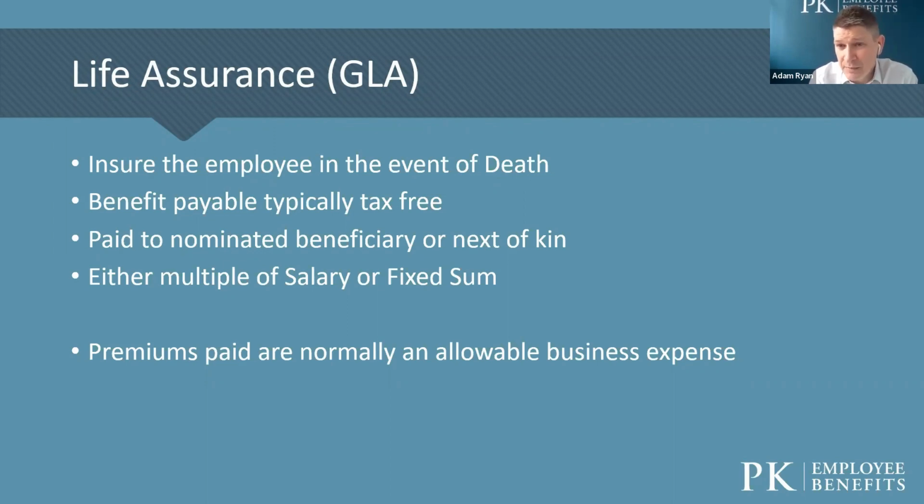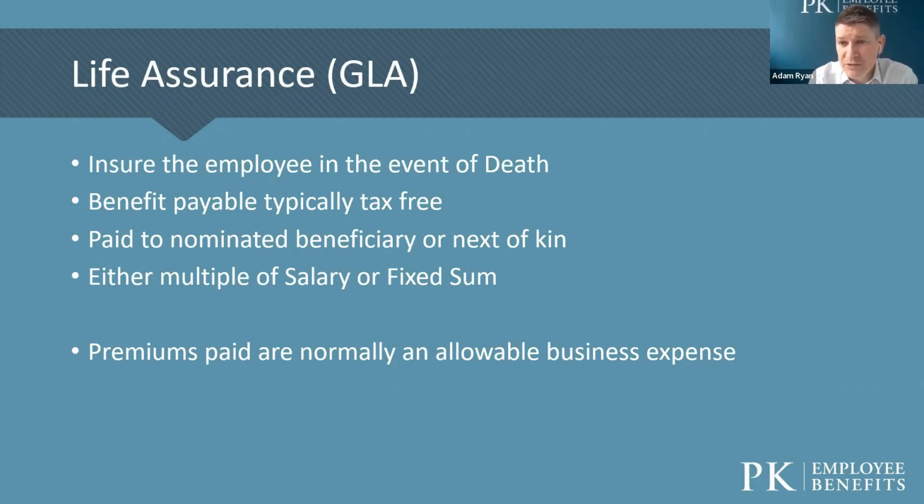A good benefits package can go a long way to improve staff morale, and group life assurance is a cornerstone of that. As it sounds, life assurance is ensuring the individual employees in the event of their death. Typically, it's based on a multiple of their salary, and in the UK, the standard is somewhere between 3 or 4 times a multiple of their salary.